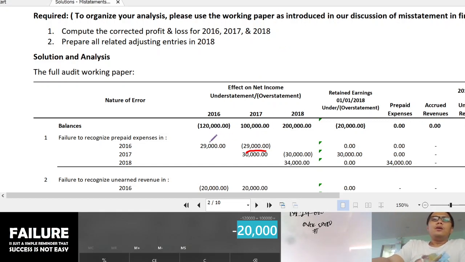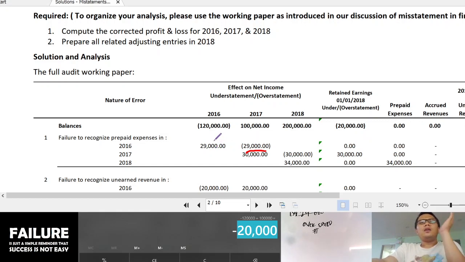Diba? So if we look at the effect of this transaction per retained earnings, ang effect dito is that zero. Diba? Why zero? Because yun nga, nag-counterbalance. Nakuha nyo? Di ba ito yung concept natin sa counterbalancing error?